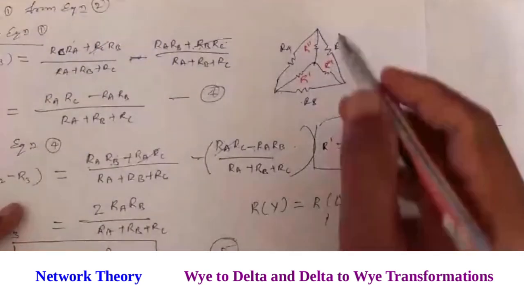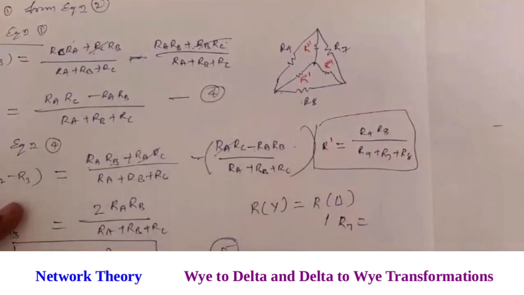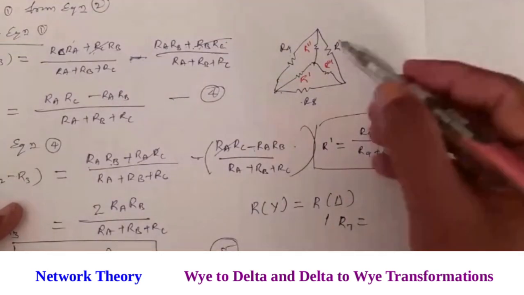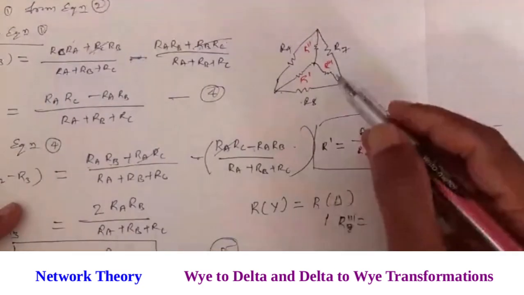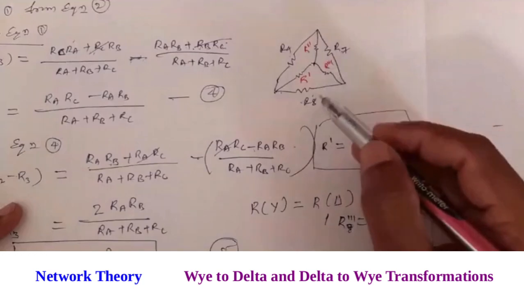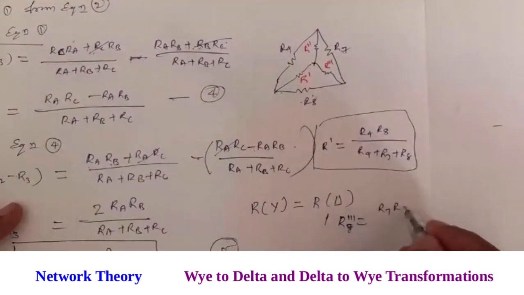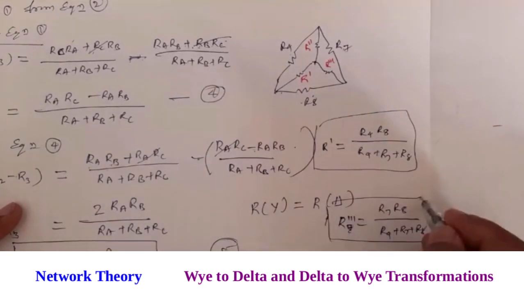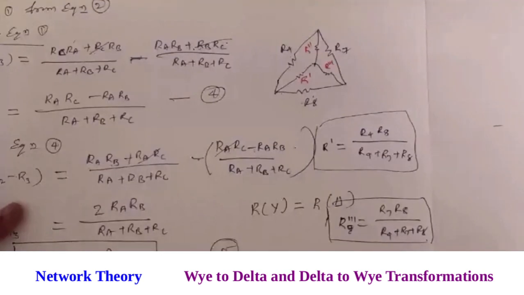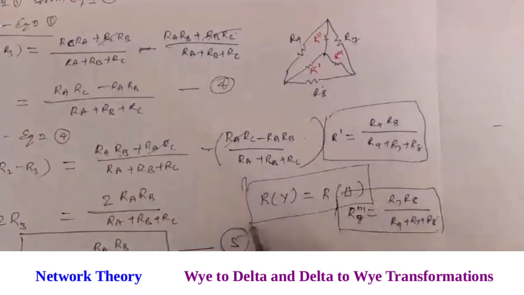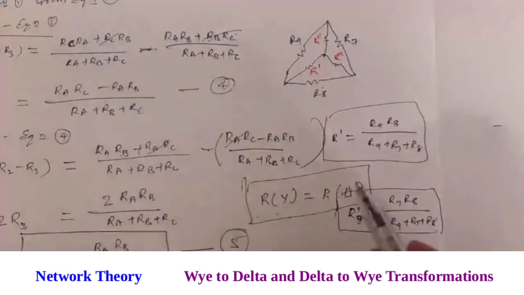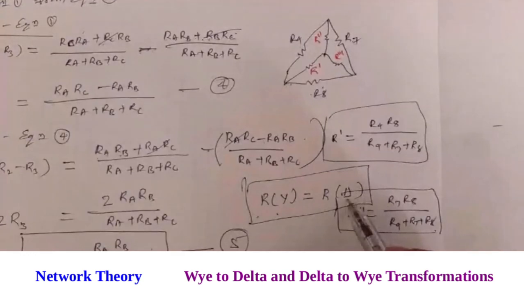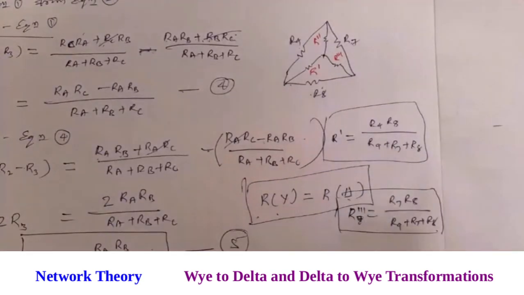For R triple dash, because it's the resistance of a Y network, the two closest resistances connected to it are R7 and R8, divided by R4 plus R7 plus R8. I hope this is clear to all of you. So we found the resistance of the Y network: we can calculate the resistances of the Y network if we know all the resistances of the delta network.